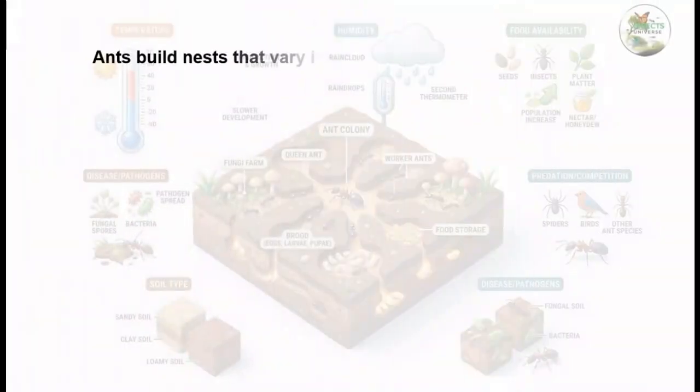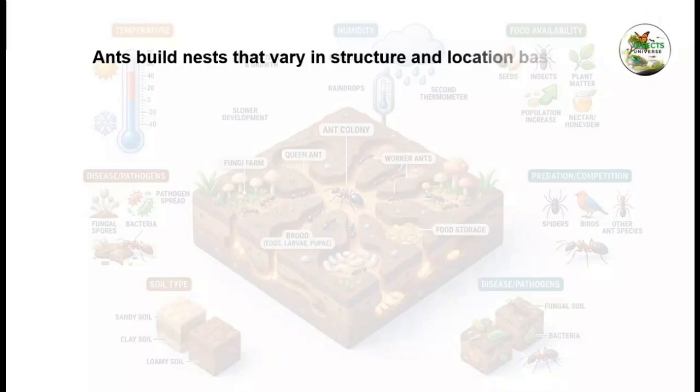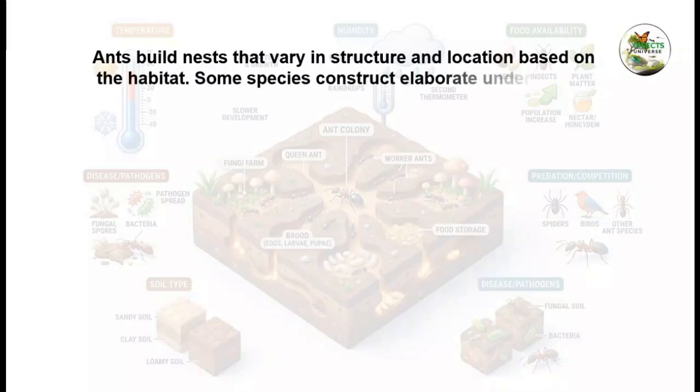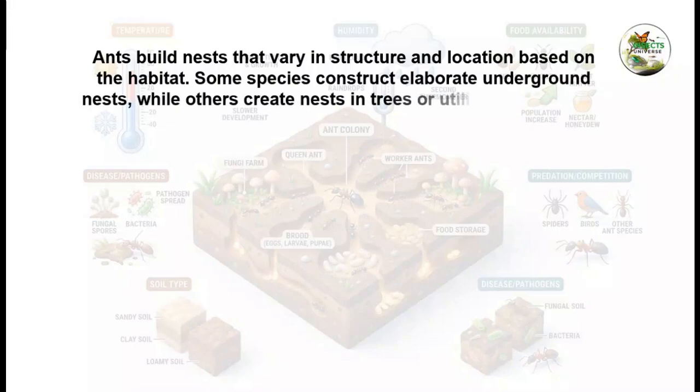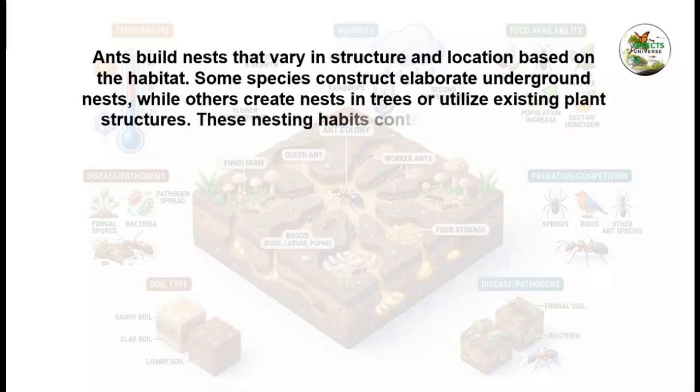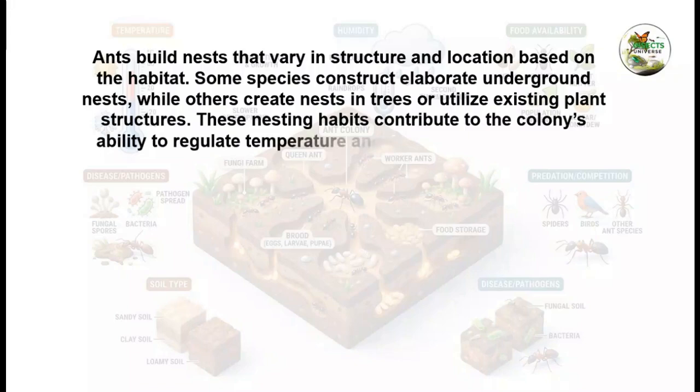Ants build nests that vary in structure and location based on the habitat. Some species construct elaborate underground nests, while others create nests in trees or utilize existing plant structures. These nesting habits contribute to the colony's ability to regulate temperature and humidity within the nest.